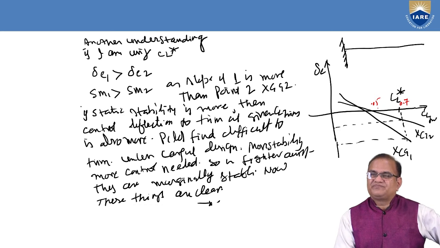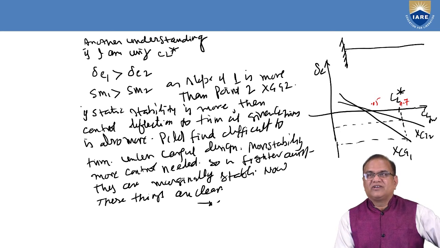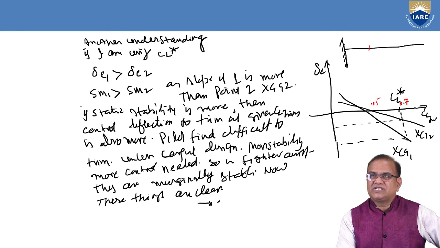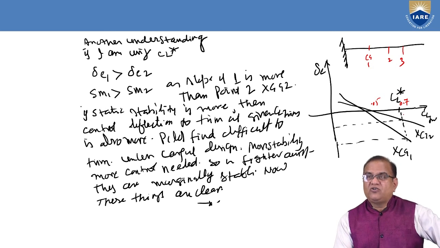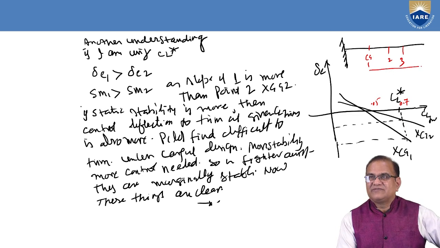So how much delta E is required? For CG location 1, this is CG 1, 2 and 3 like this. If you want to fly with the CG far ahead of the neutral point, you need more deflection of delta E.